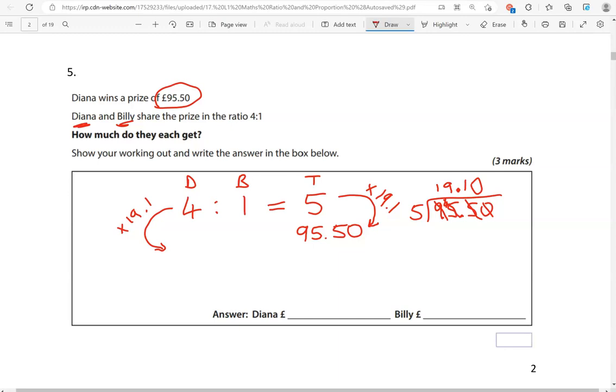So 1 times 19.1 is 19.1, or £19.10. And 4 lots of £19.10, what is that equal to?